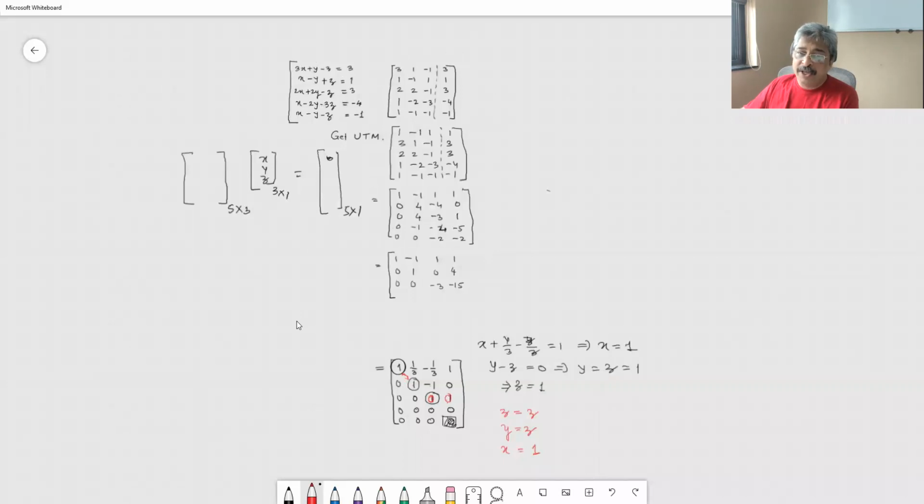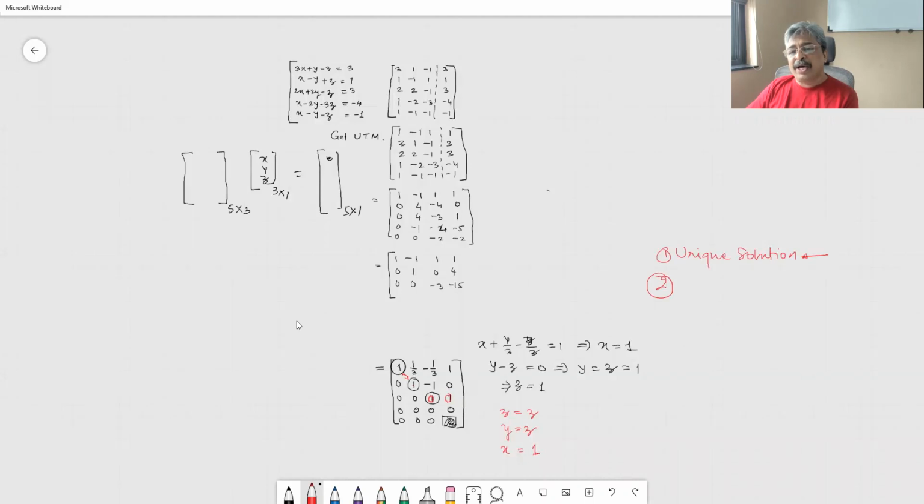And always there are three situations. One, unique solution, where no matter how many variables you have in the system, no matter how many equations you have in a system, all of them are concurrent, all of them pass through a common point. Then and only then will you have a unique solution like this.